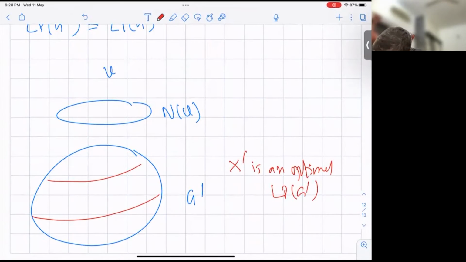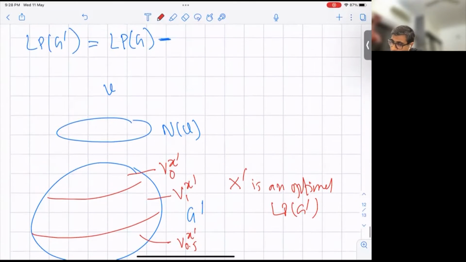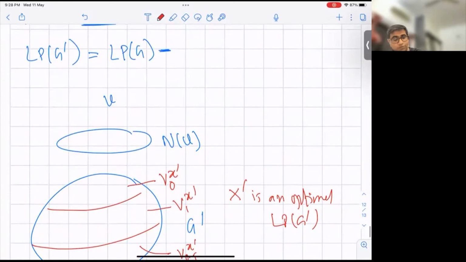This is V0 with respect to X prime, meaning X prime assigns these vertices a 0. This is V1 with respect to X prime. These are V0.5 with respect to X prime. Okay. So now, what can we say about LP of G prime in terms of LP of G?